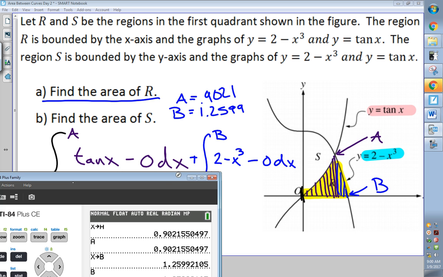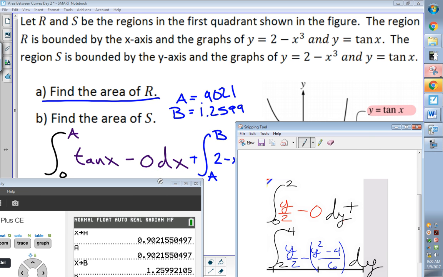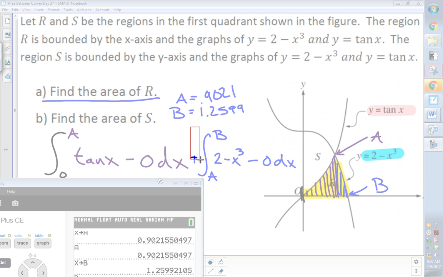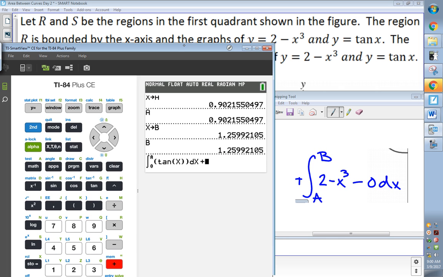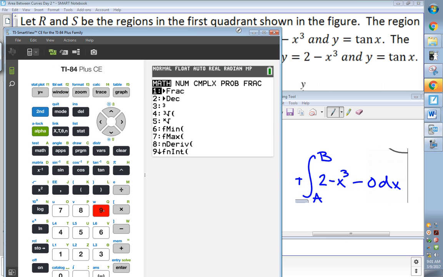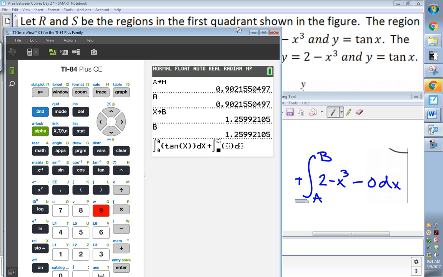The second thing, I'm going to bring this up in a different way. The second thing is that. I'm going plus math 9 from A to B. So alpha A to alpha B of this equation minus 0.